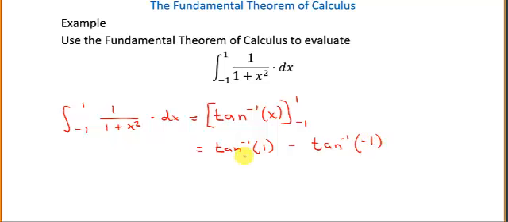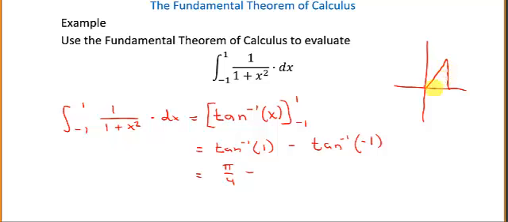well, what angle has a tangent ratio of 1? Tangent is opposite over adjacent, and that's going to be pi over 4, just like it was up above.